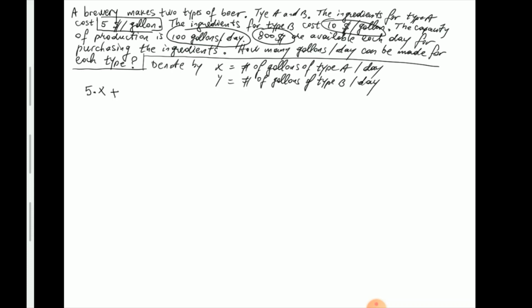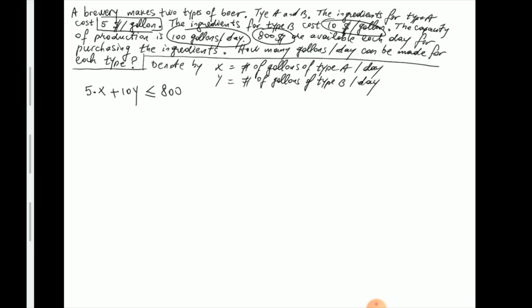So that's going to be 10 times Y. And altogether, this should be less than or equal to 800 because that's how much money you have in a given day for the ingredients.